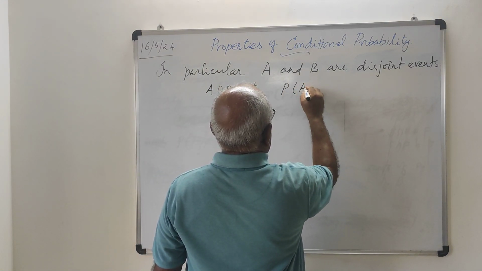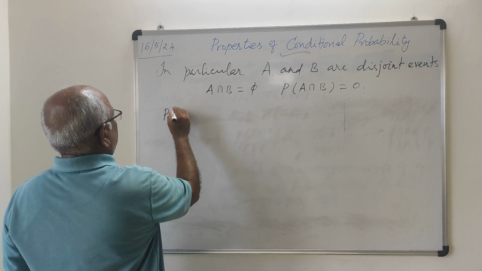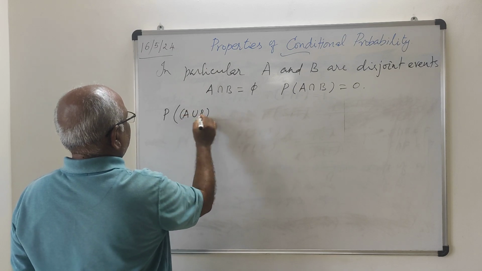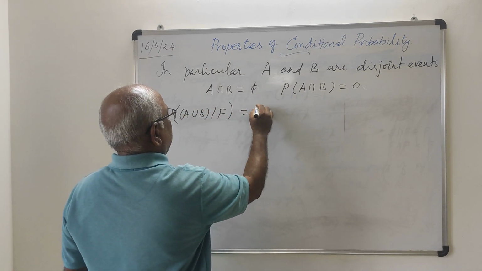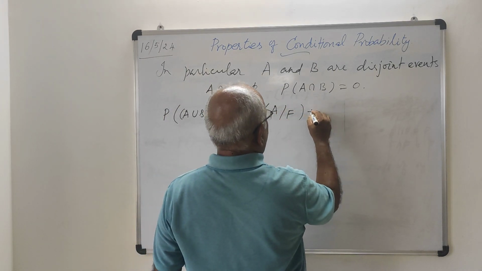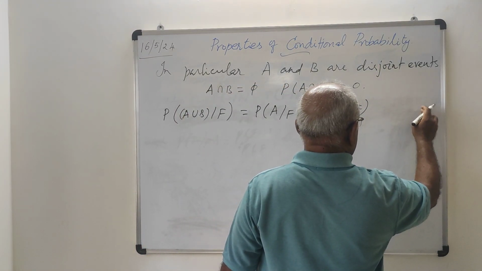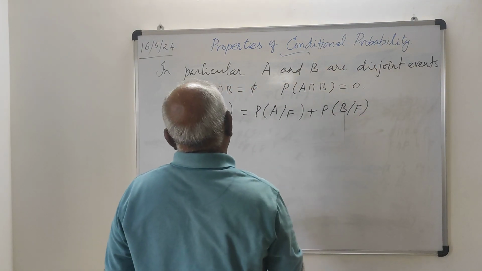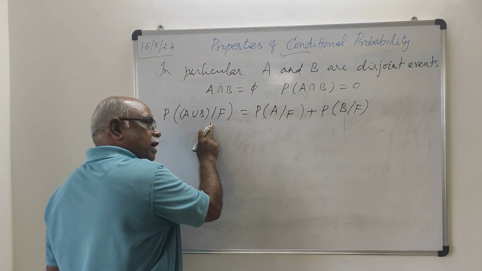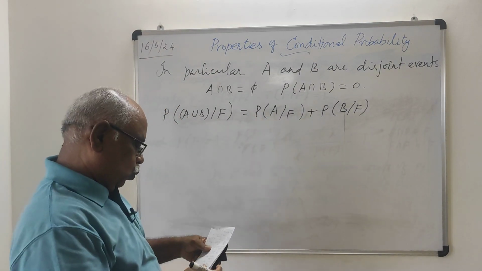Therefore, the probability of A intersection B is 0. Therefore, in property 2, P of A union B slash F is equal to P of A slash F plus P of B by F minus P of A intersection B slash F, which is 0. So the third term will not occur, that is P of A union B, given that the event F has already occurred, is P of A by F plus P of B by F. That's property 2.